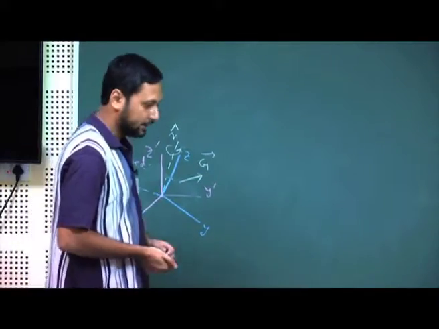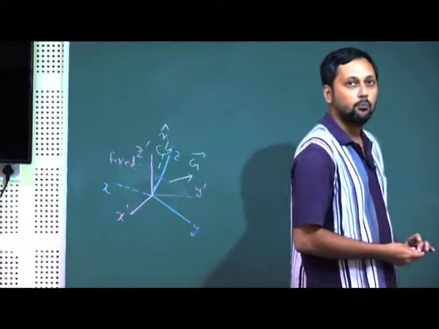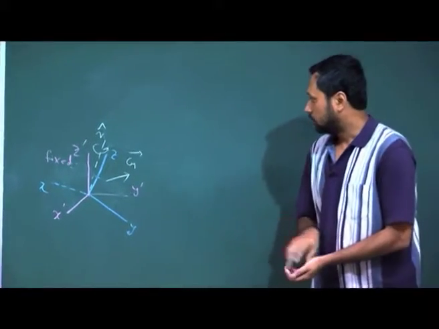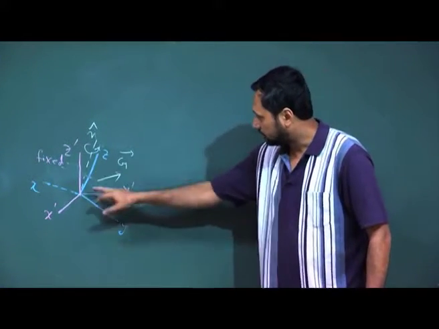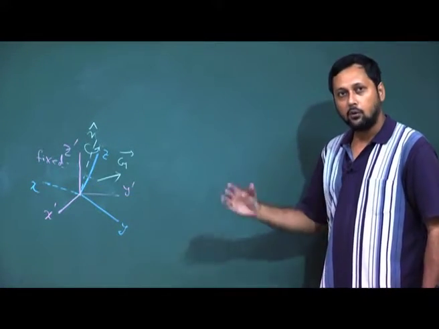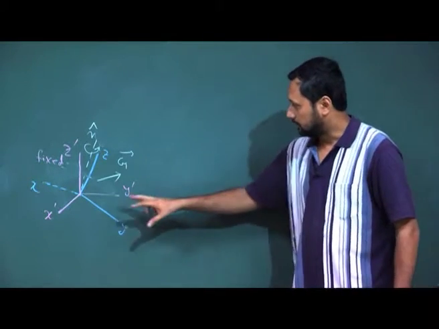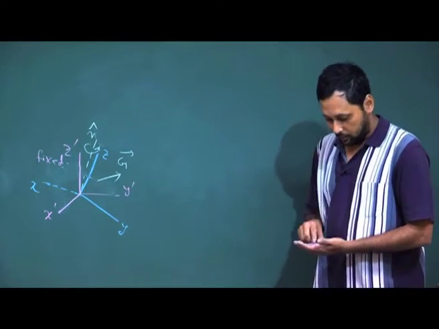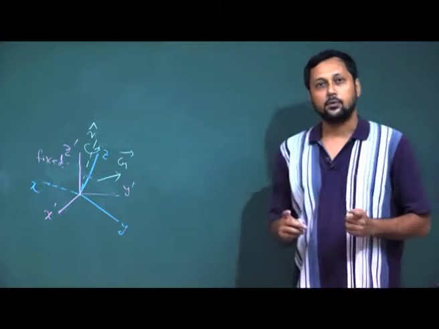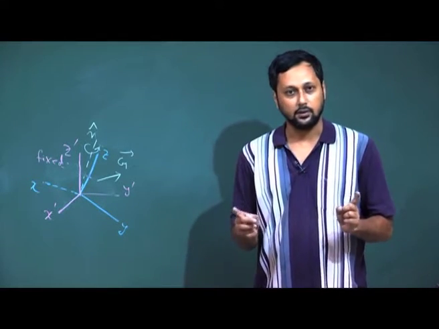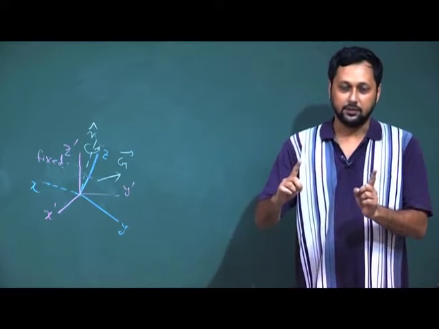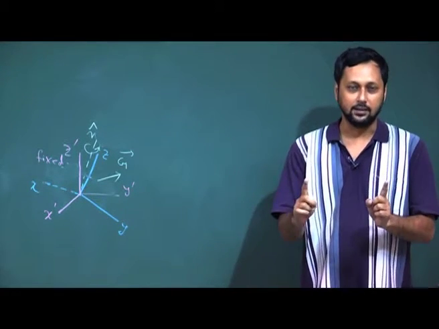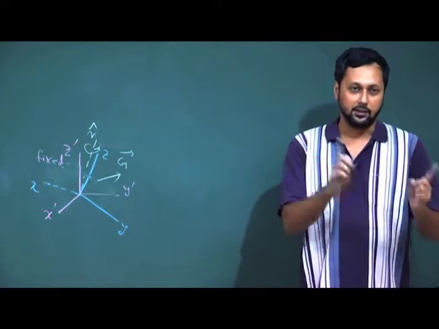Now, this vector will have components in both frames. We can resolve the components of G in the fixed frame, that is the primed frame, or we can resolve the components of G in the rotating frame. Please remember that although the frame is rotating, the vector G remains invariant whether we represent it in this frame or the other.